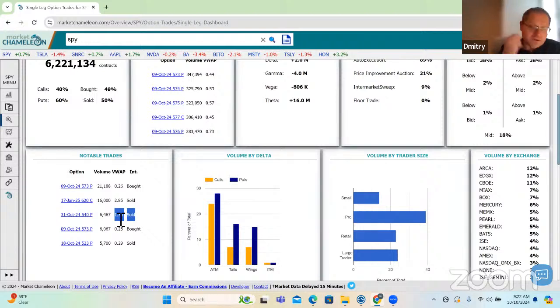So that's really just a quick way to scan and see if there's anything particularly unusual. Is there a particular expiration that large traders are targeting, a particular strike, maybe an option type like calls or puts?